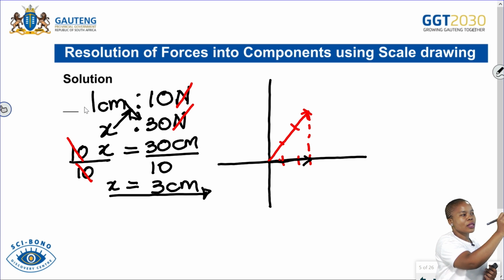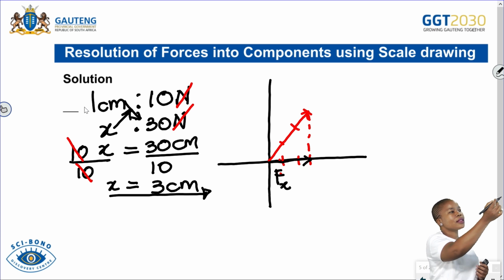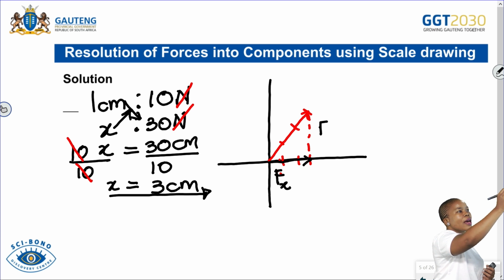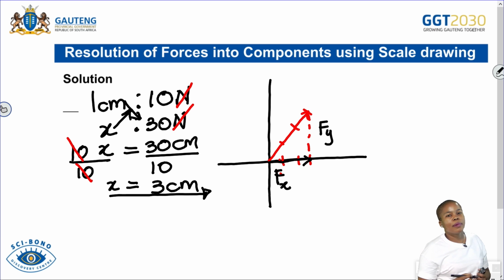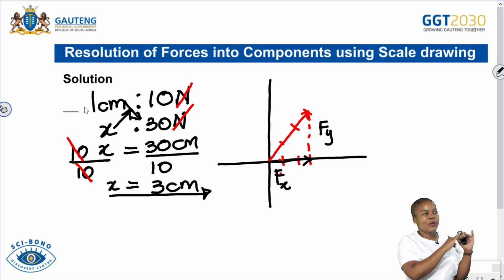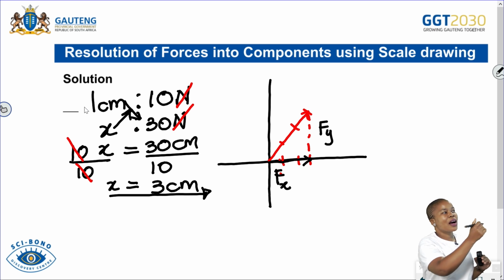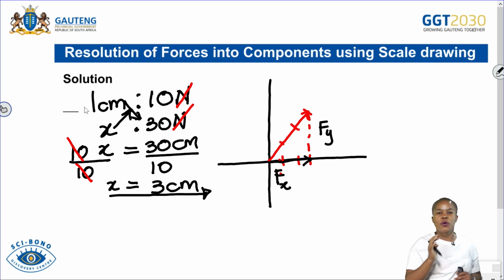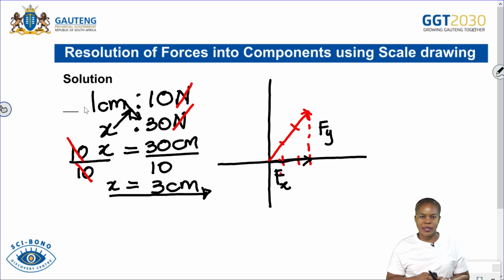So therefore, this will be Fx, and this one will be your Fy. If you place your ruler in a vertical direction, then it should give you the vertical component as well as the horizontal component, now that the original force has been drawn to scale.